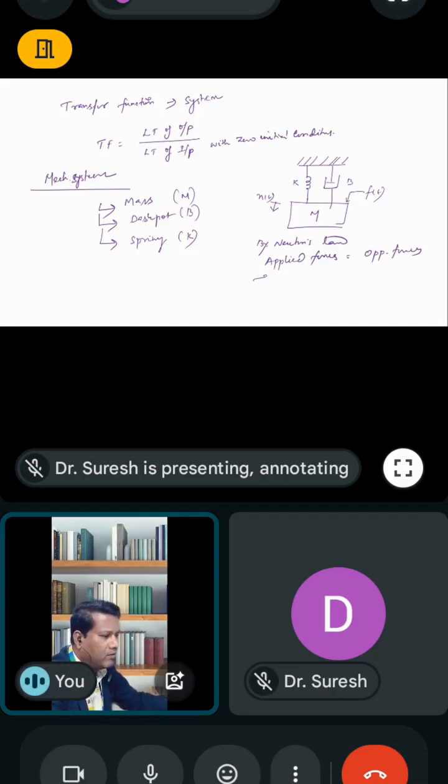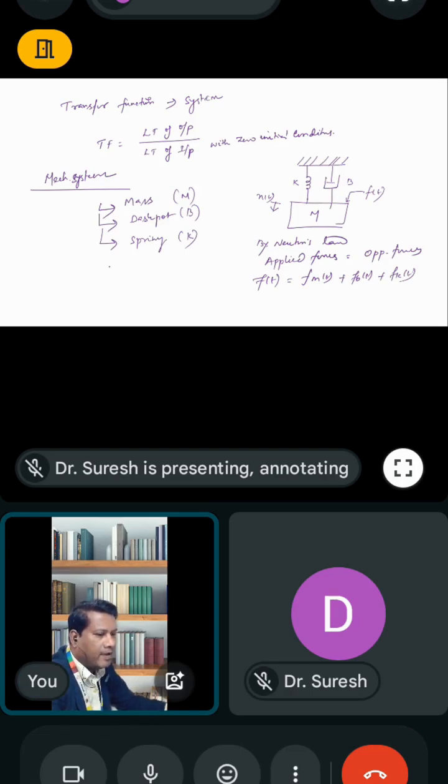Here only one force, F of t, is applied. Then when the force F of t is applied, it exhibits opposing forces Fm of t, Fb of t and Fk of t.